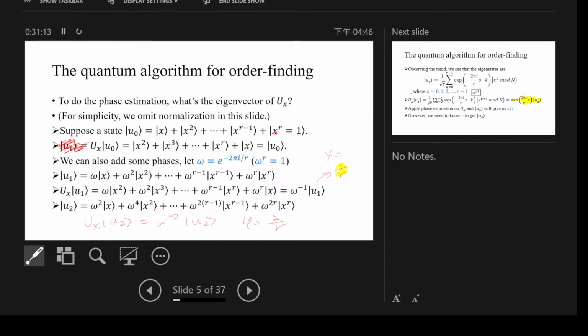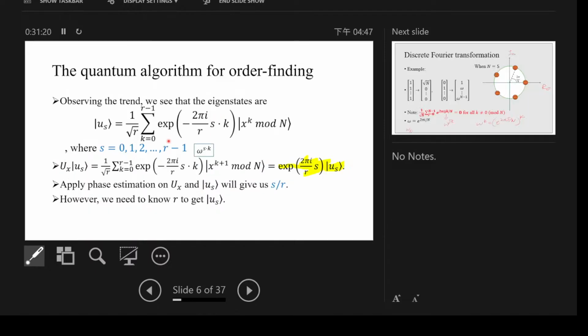So on the one component, or x to the r component, this phase here is going to be omega to the 0. So that's on the k equal to 0 component. You have omega to the 0, and all those omega 0 to the 0 add up.